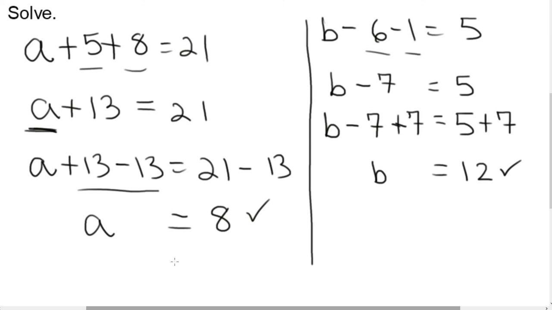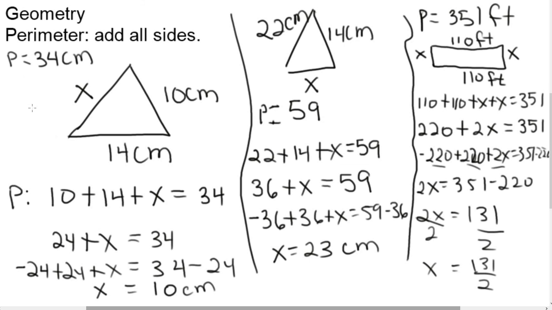Once we combine like terms, then you're likely to have a situation where you can use the addition property of equality or subtraction property of equality to solve for the given variable. And we use those properties in the dreaded word problems. These word problems get easier as we work with them.